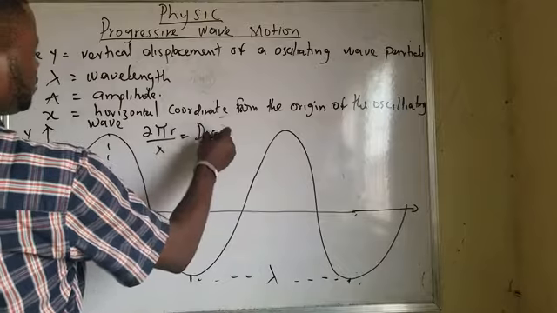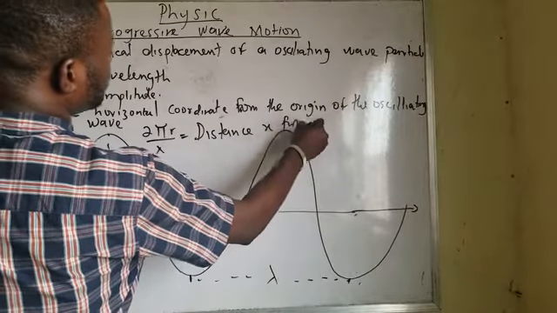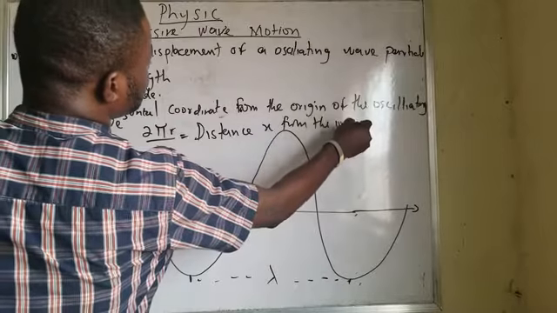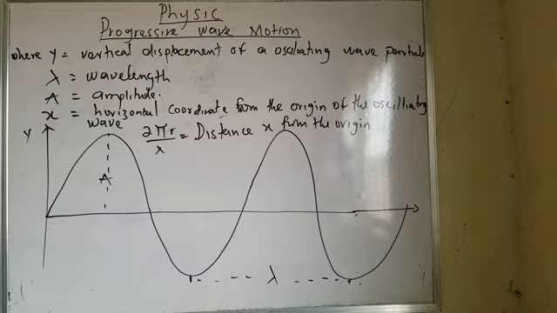Distance from the what? Origin. The phase difference of the wave particle at distance x from the origin. Please take note of that very well. Those are the things we need to understand at this point.